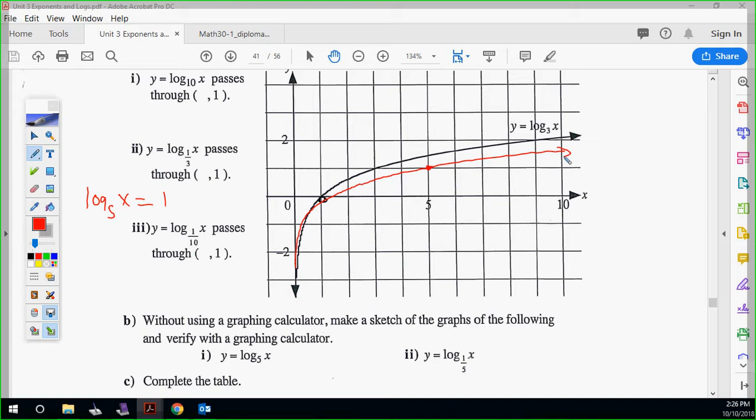Okay, your 1/5. So we do log base 1/5 of x. Let's just do y equals 1. Here we're going through here still because that's that same spot. So 1/5 to the 1 equals 1/5, right? So that's going to happen right here. And so you can see it's coming down like this.